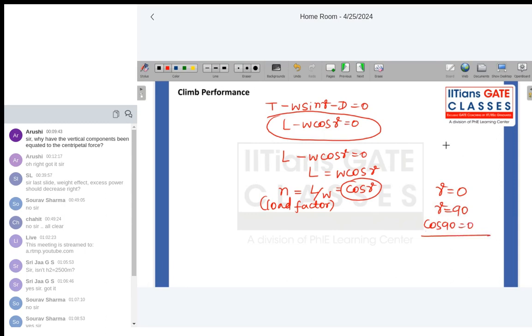Let us assume the aircraft is flying this way, that is, gamma becomes 90 degrees. Thrust is balancing your weight, so there is no need of any lift. In general physics, when we resolve forces perpendicular to the free stream velocity direction, the perpendicular force is equal to mass into centripetal acceleration.